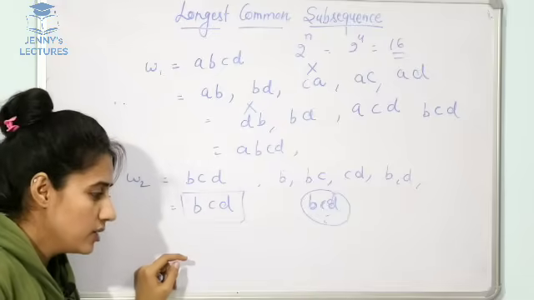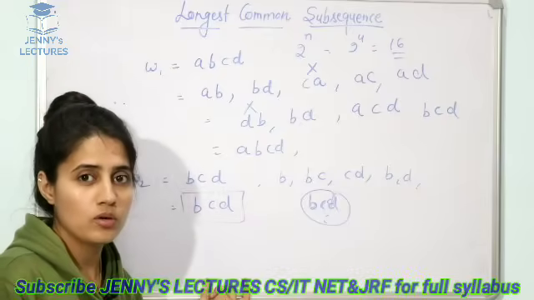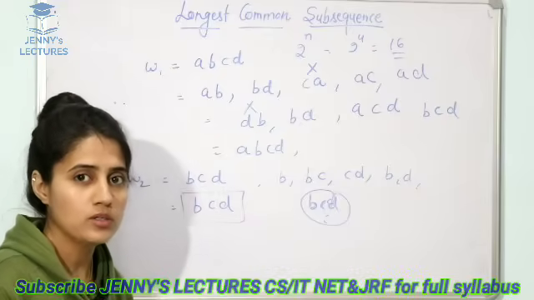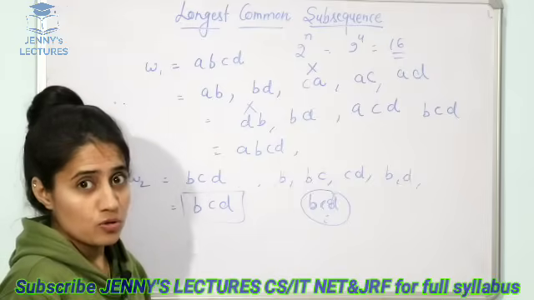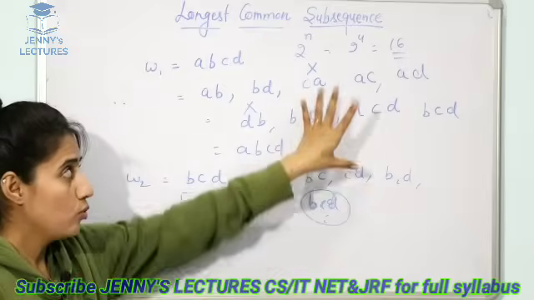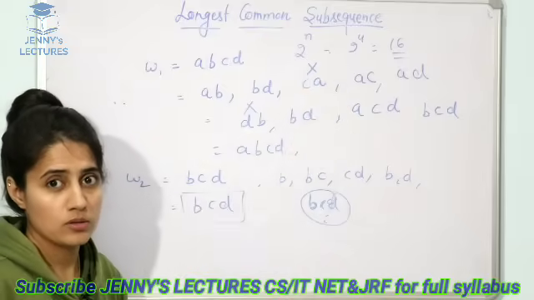So sometimes they will give you two complex strings and ask you what the longest common subsequence of these strings is. At that time it is not possible to find all the subsequences of both strings and then compare to find the longest.